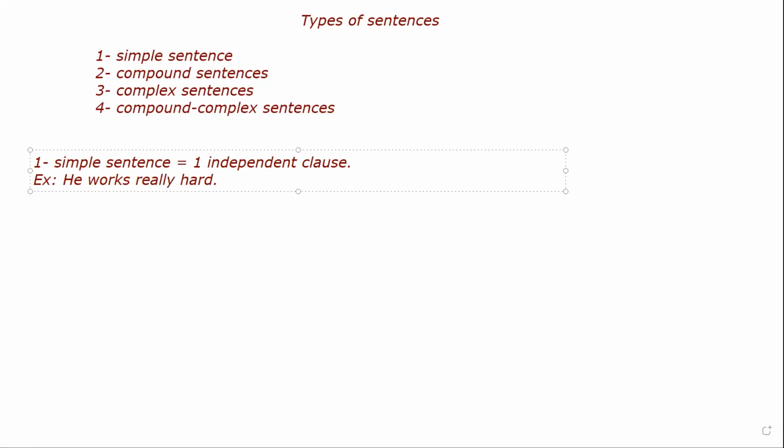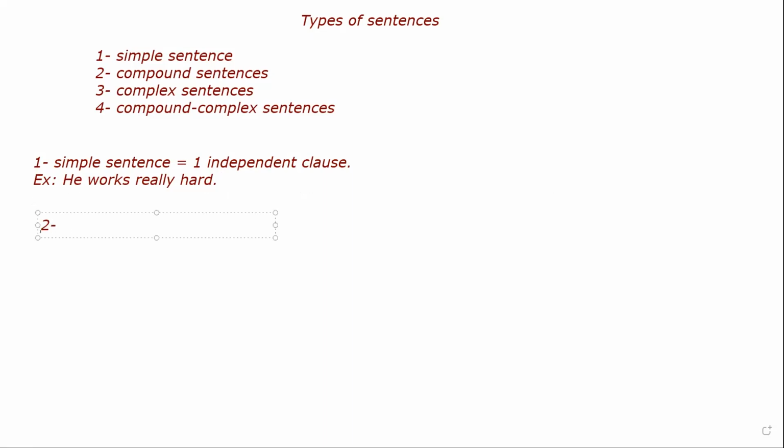He works really hard is an independent clause, and if I start with it and then at the end put a full stop, no commas or anything, then it's just one simple sentence. All right, it's so easy. So one simple sentence equals one independent clause, which might stand on its own. It's called simple sentence.